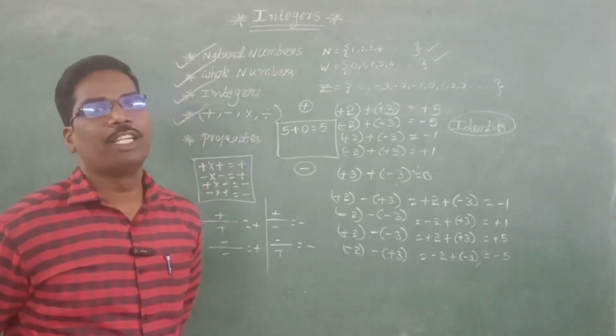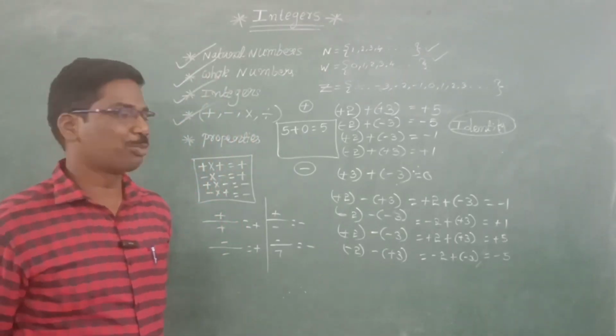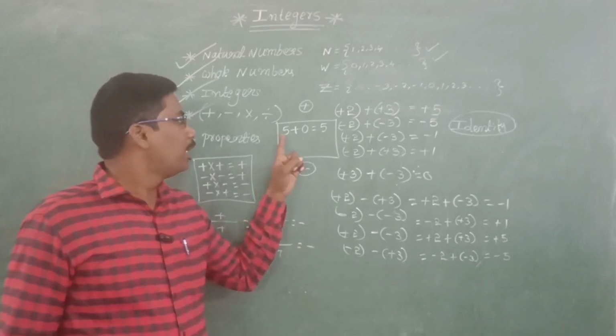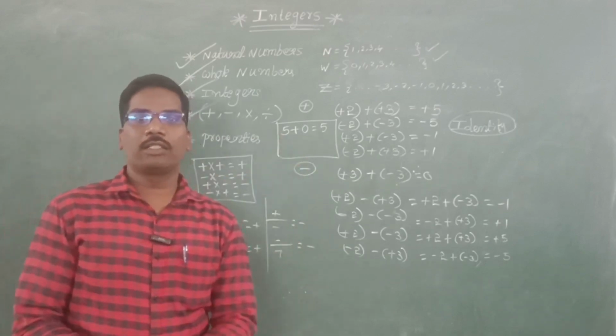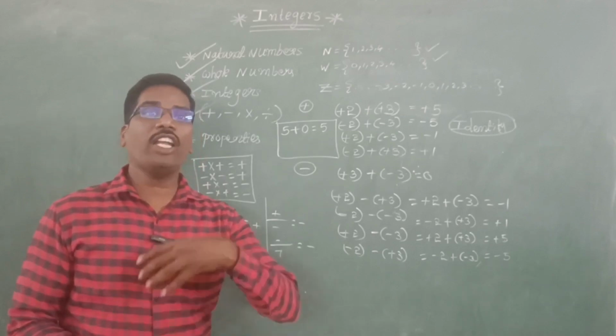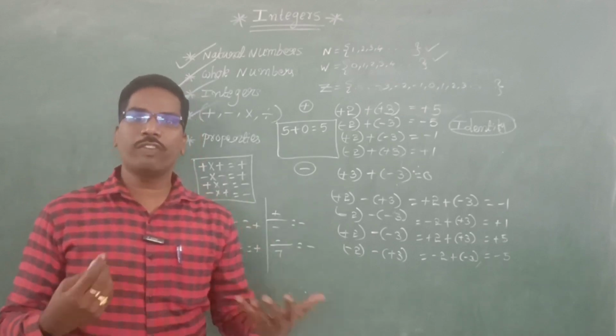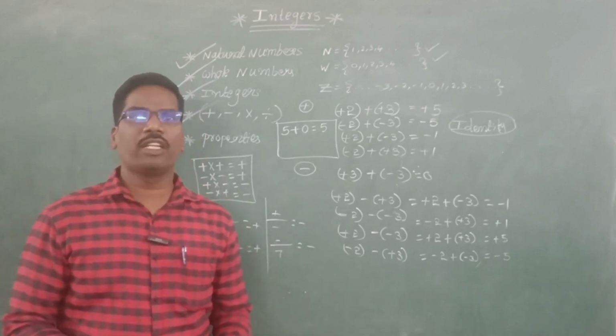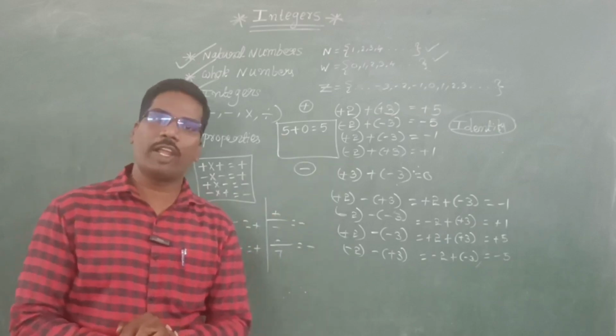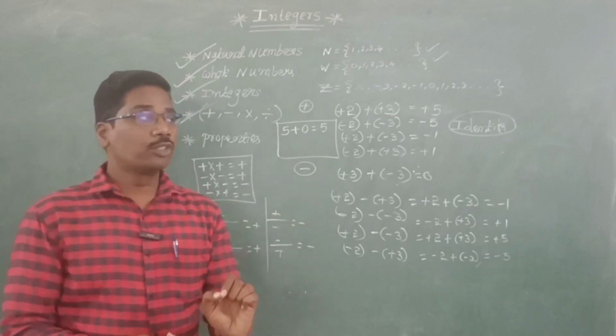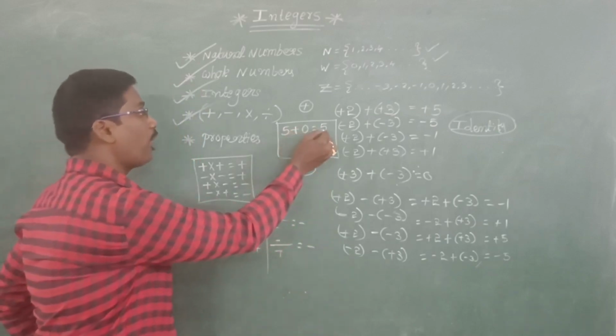Same identity, so 5 only is identified to 5. So 0, if I add to the 5, I will get 5.